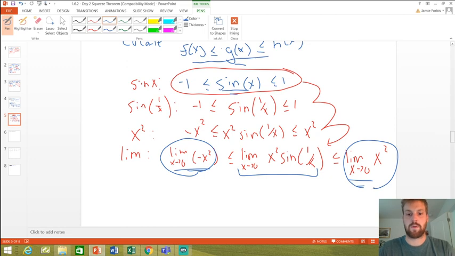You just simply plug in 0 for x. It's defined. The limit as x approaches 0 of -x squared is -0 squared, which is 0. The limit as x approaches 0 of x squared is just 0. I can plug those values in, and I know that this is true.